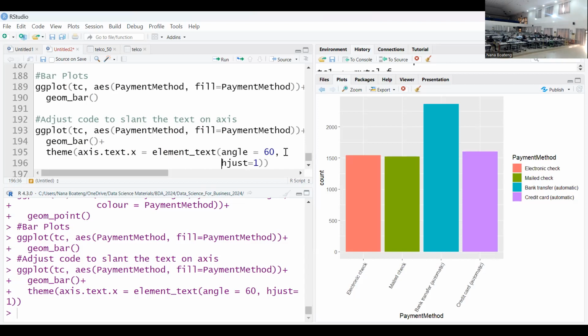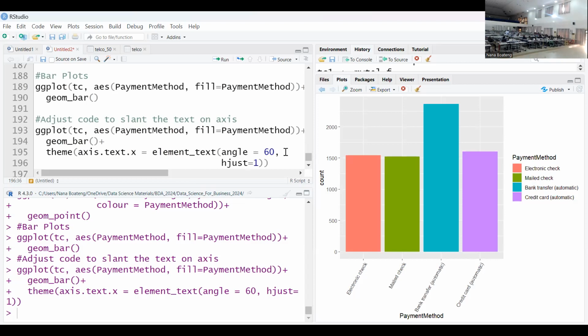When you make it 0, it comes to the left. So that's the justify, 1 and 0. We also have the V justifier. 0 will bring it to the bottom, and 1 will take it to the top. So you can play around.